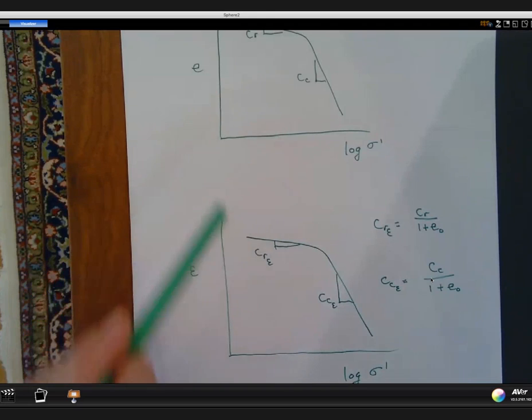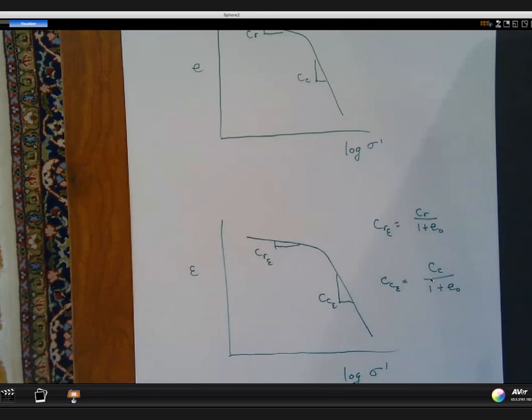And every data point simply has been converted from a void ratio basis to a strain basis. And C sub R epsilon is calculated very easily as C sub R over 1 plus initial void ratio. And C sub C epsilon is C sub C over 1 plus initial void ratio.